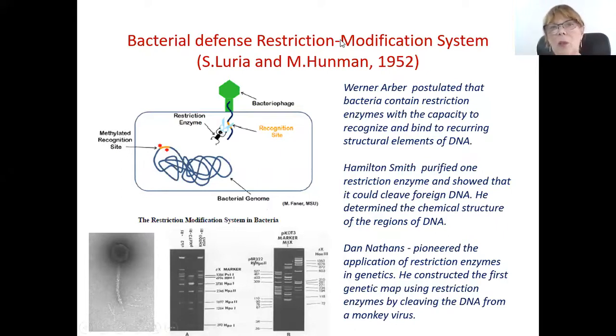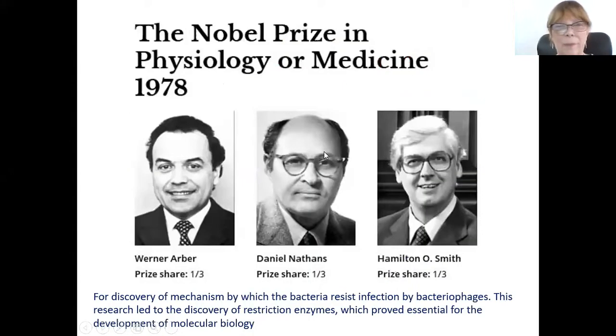That's why it is called the restriction modification system. This is like prey and predator. One changes, another changes, one changes, another changes. It is like a wolf and a rabbit.